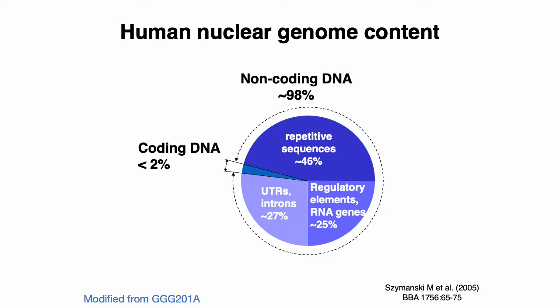In later lectures, in particular in the epigenomics lecture, we'll talk about how to identify those regulatory elements and what they do. Something that hasn't been really appreciated until the last 10 years or so is that a significant portion of the non-coding region of the genome is attributable to these regulatory elements. And the remaining 27% or so of the genome is thought to be mainly sequences like UTRs or introns of protein coding genes.